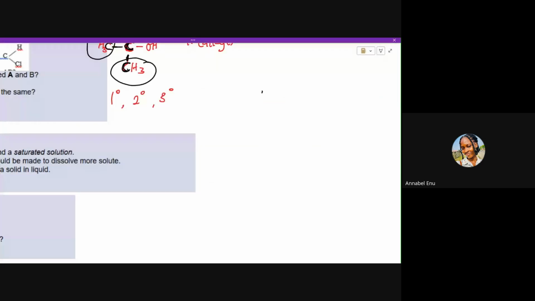Now isomers tells us that we can have two structures, structure A and structure B, or compound A and compound B. We are judging these two compounds by their structure, which is also called structural formula, and also by their molecular formula.